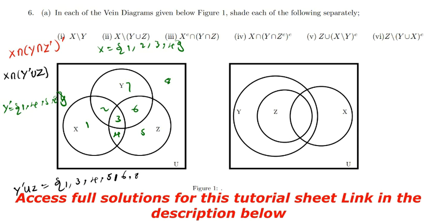We see that 1 is in x as well as in this set, so the first one is 1. What else? Do we have 2? We don't have it in here, but 3. We have 3 here and also 3 there, so 3 is the second element. What else? 4. 4 is also common in y complement union z as well as in x, so we also have 4.